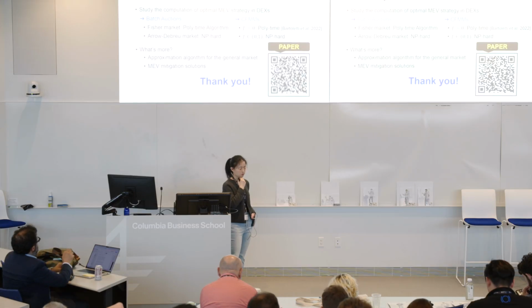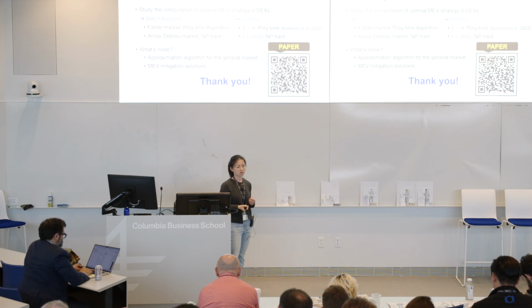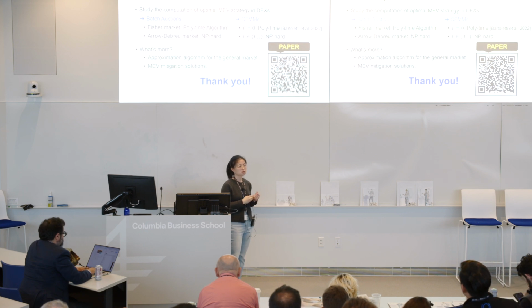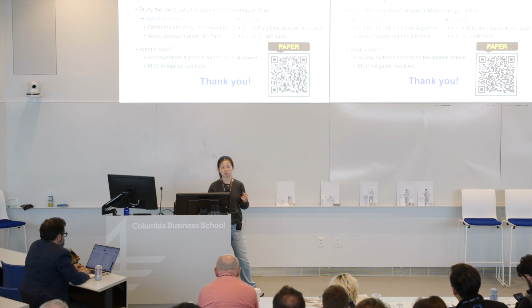Although our analysis is based on the market formulation, I want to convey a general message that for general batch auction design, MEV is possible, because the power to manipulate the batch content is enough to manipulate the results, and this may bring some MEV to the attacker.